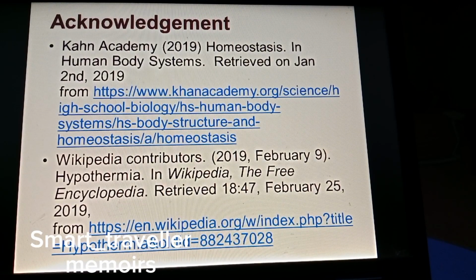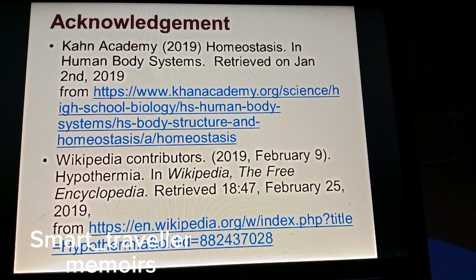So we have the acknowledgements there. Khan Academy, 2019, Homeostasis in the human body system, retrieved on January 2nd, 2019 from that website.